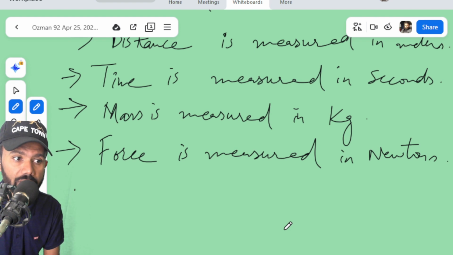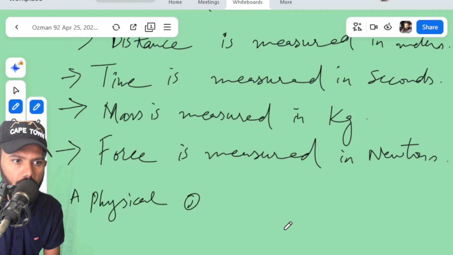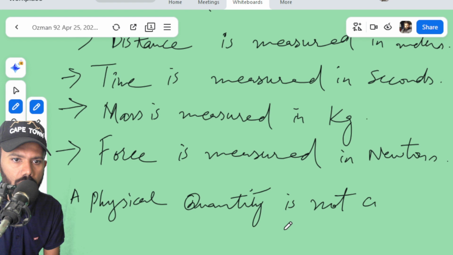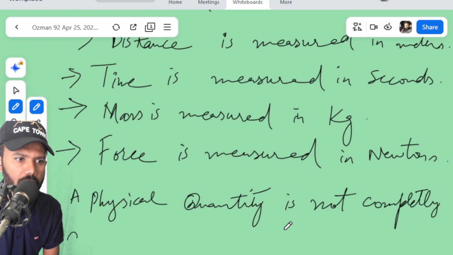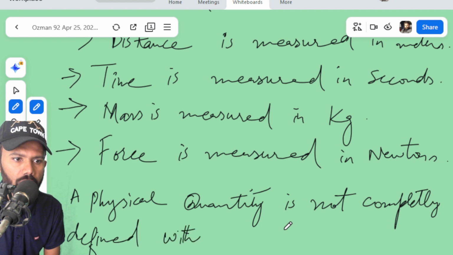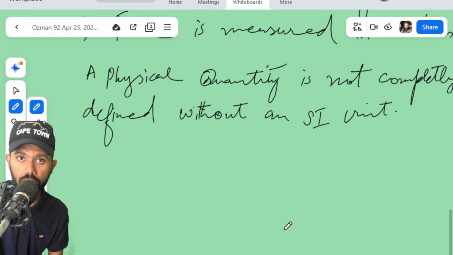Note down that a physical quantity is not completely defined without an SI unit, right?